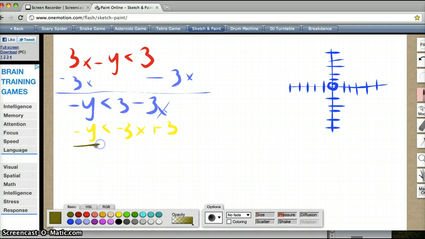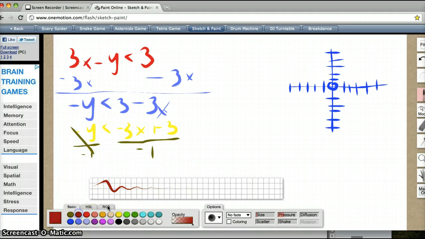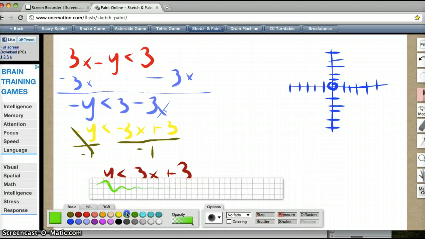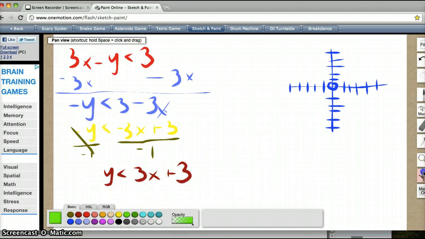We're going to divide by a negative 1, because whatever we do to one side, we have to do to the other. And we end up with y is less than, and a negative becomes a positive, so 3x plus 3.